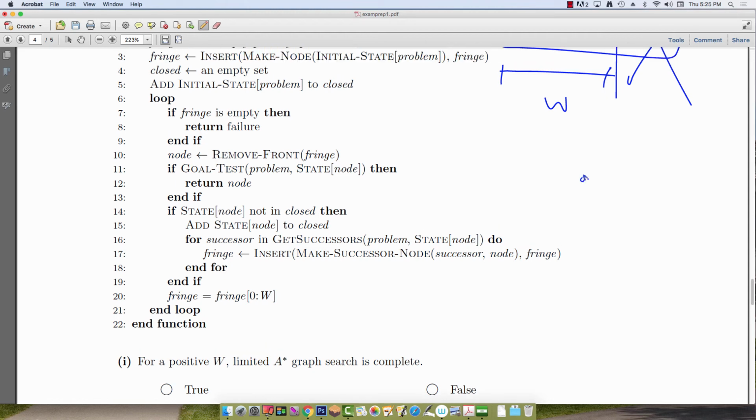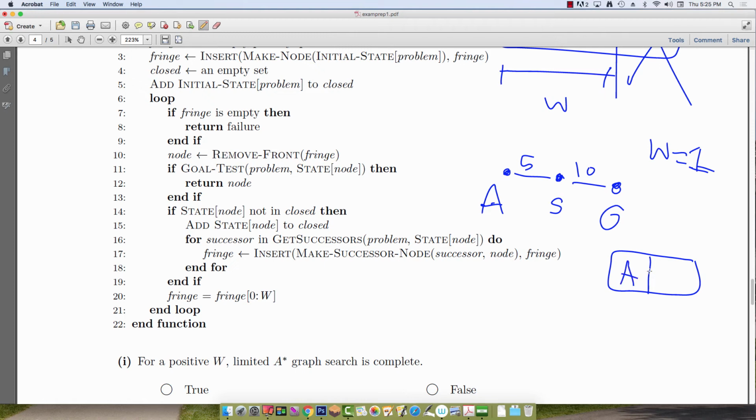Let's go ahead and draw a simple example. This is the start, this is the goal, this is some random other node, A. Let's say that W is equal to 1. We're going to draw this such that this is 5 and this is 10. When we first take a look at S, we're going to add 2 nodes to our priority queue, A and G. A has a value of 5, and G has a value of 10.